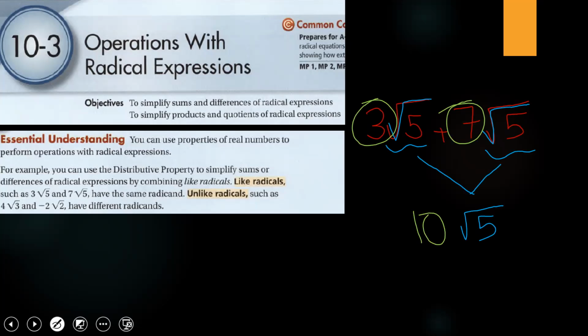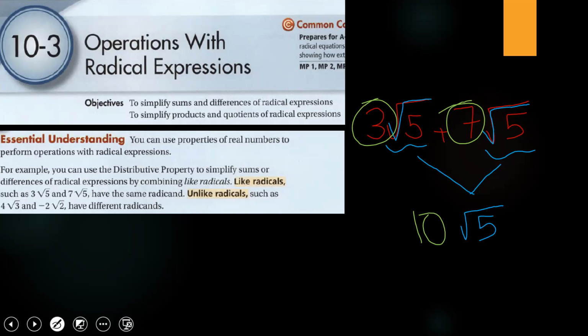So it's like 3x plus 7x. You add them, you get 10x, or 10 square root of 5. Since we have the same radicals, or like radicals, you can add them by combining them.